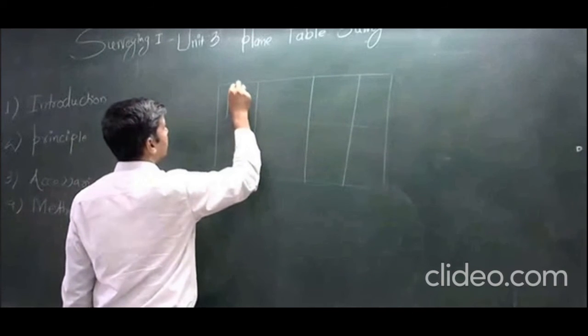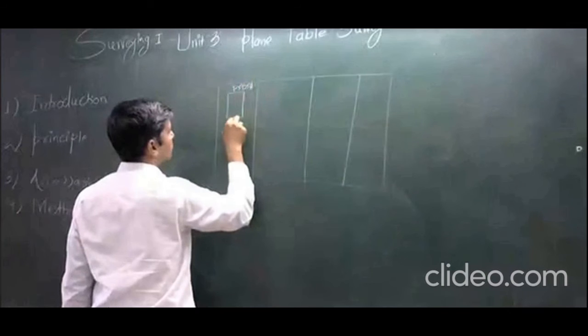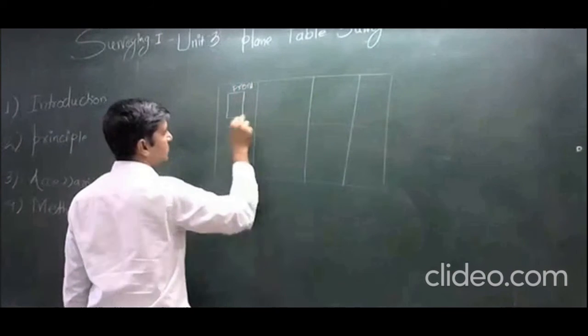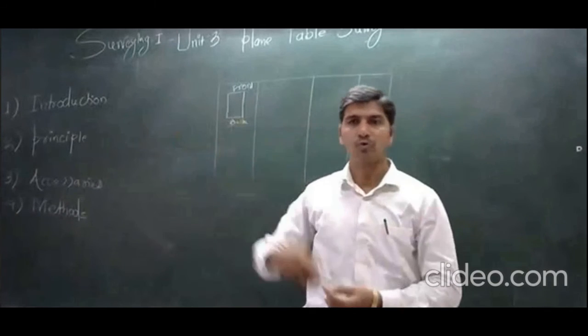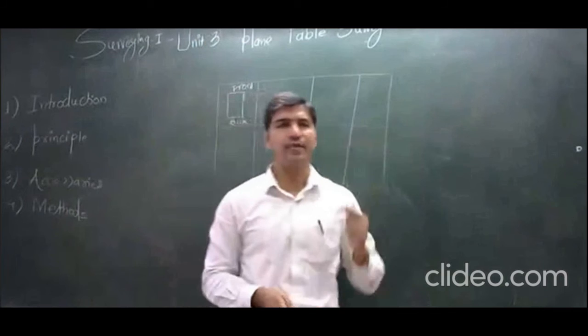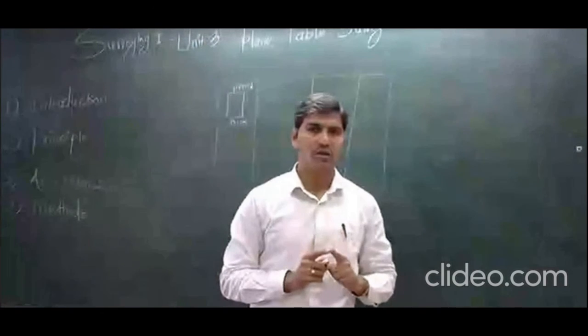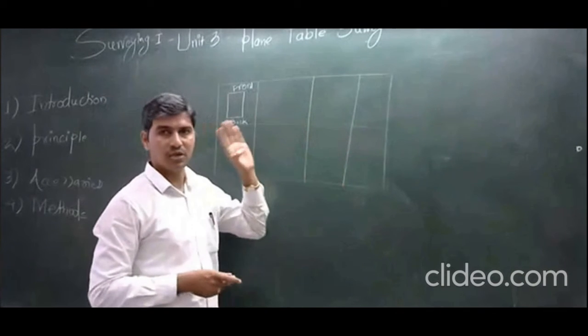Suppose this is the front portion of the vehicle and this is the back portion of the vehicle. Now it is said that you have to keep your vehicle in the same fashion.